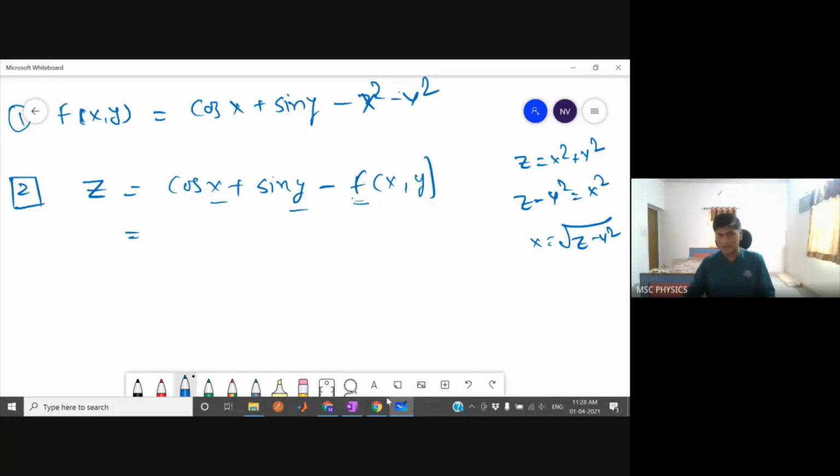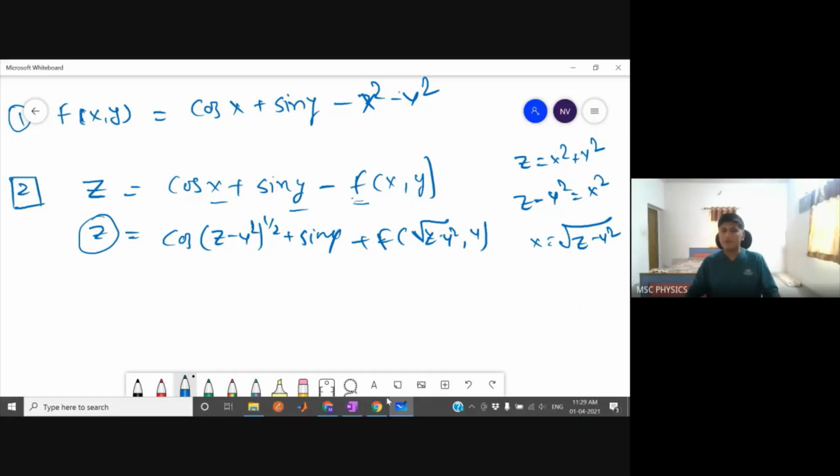It becomes cos of the square root of z minus y square, plus sin y plus f of x, y. So x is now replaced by z minus y square and y. So you changed the complete description of z in terms of z, y, and f. Eventually z became a function of y and f only.